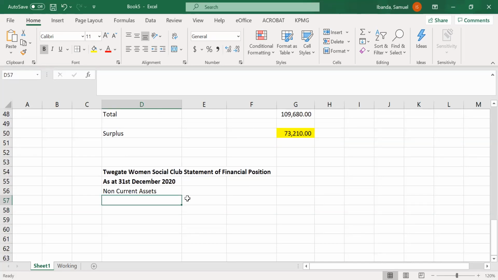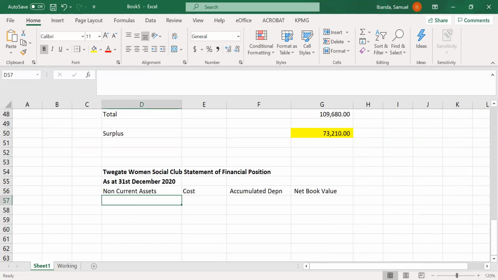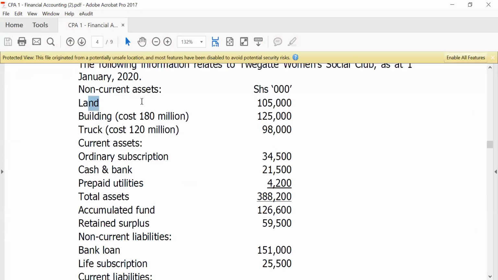Remember, you have these non-current assets. You should look at the cost, look at the accumulated depreciation, and get the net book value of those assets. So under the non-current assets, you start with land, which does not depreciate. Land is 105, you bring it here.